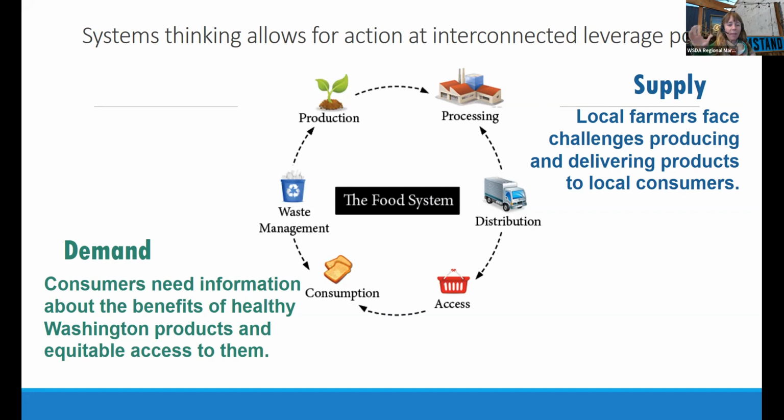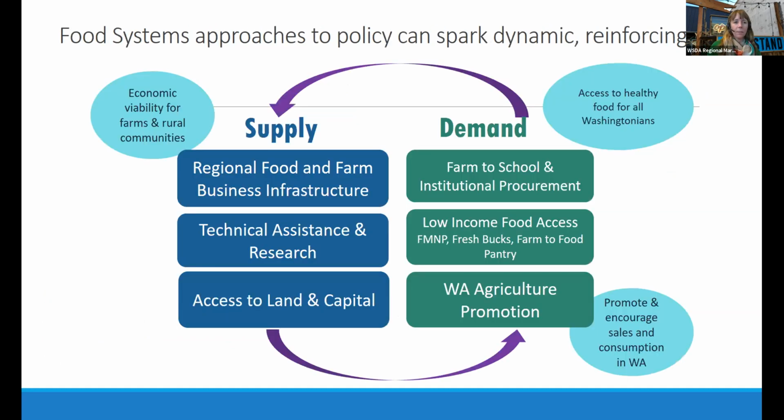Traditionally in America we think about things as supply and demand, in our capitalist mindset. So what can we leverage or tweak or change on the supply side to influence how easy it is to access healthy local food on the demand side, and vice versa? Systems thinking allows for action in an interconnected system and for looking at points of leverage.